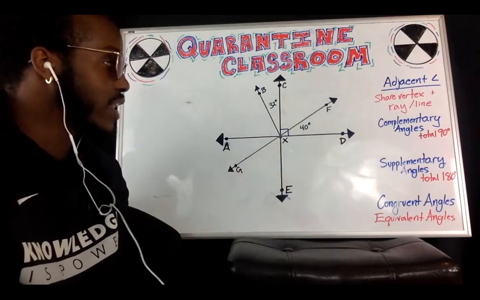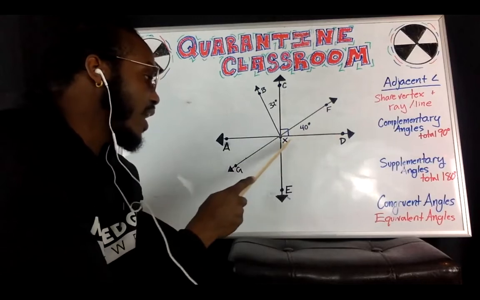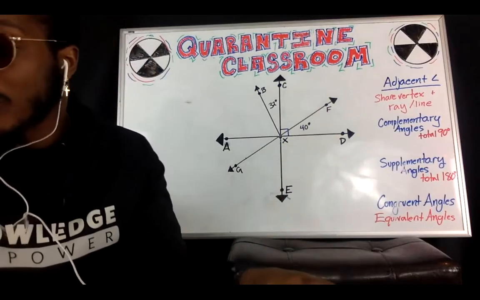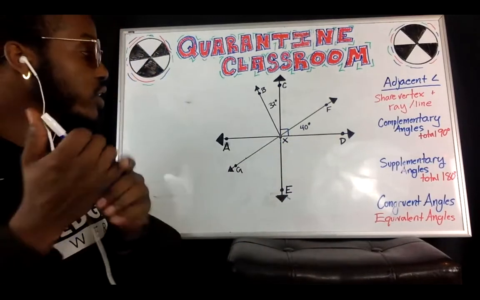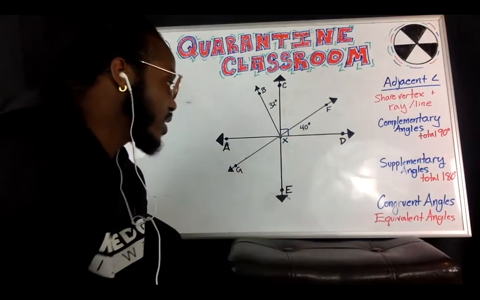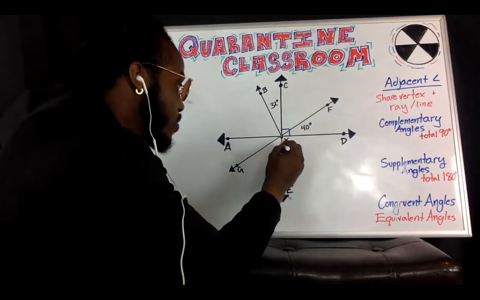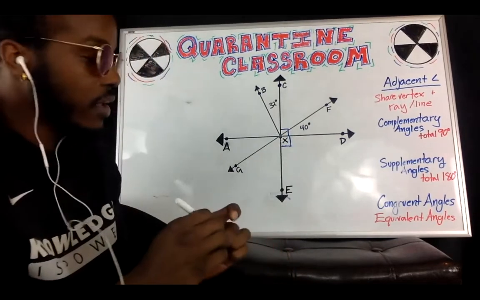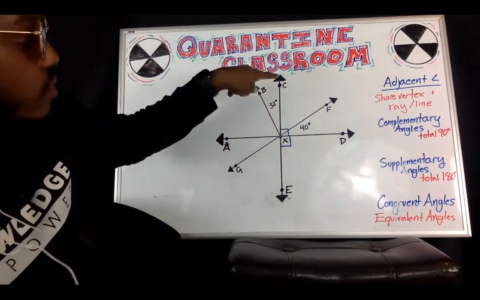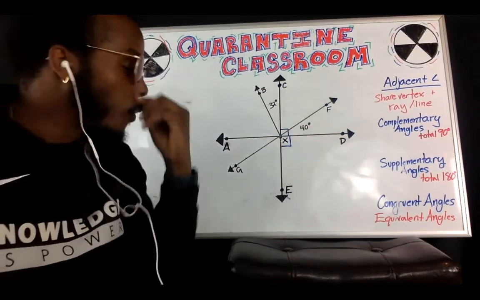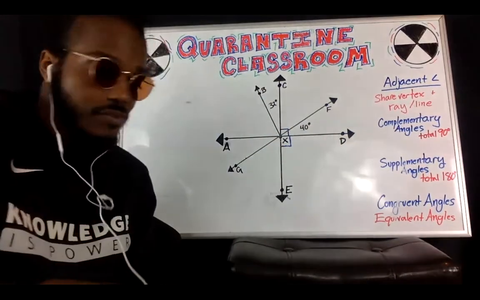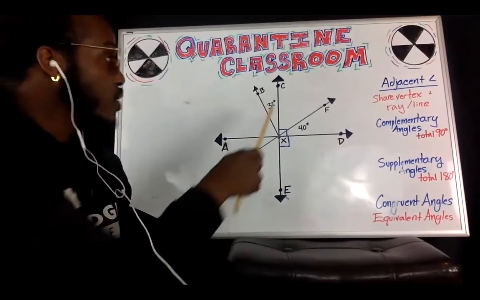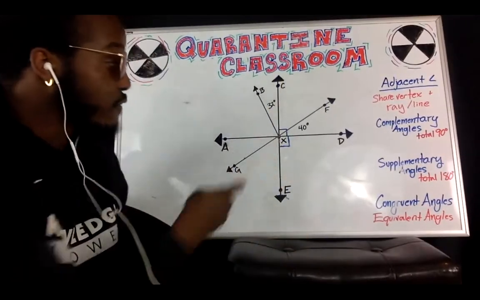Another angle that is 90 degrees is angle DXE. 2 ways that we can tell. We know that these are 2 straight lines. We could form a box right here that shows that these are 2 90-degree angles. The other way that we can tell is when angle CXD formed a 90-degree angle, angle CXE forms a straight line.